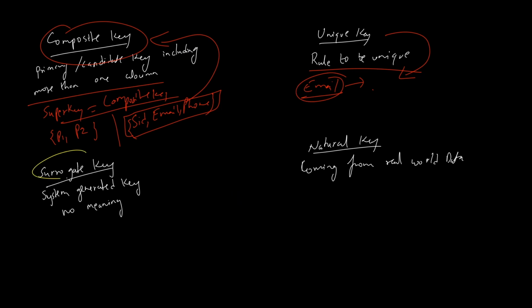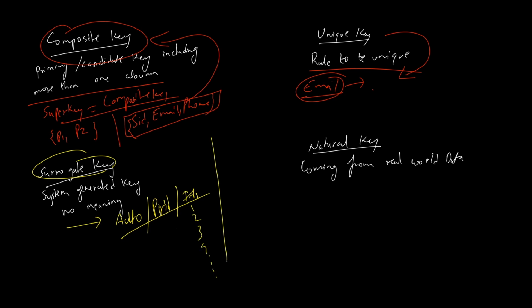Surrogate key. Surrogate key is anything system generated. There might be many times that you are auto incrementing keys, where the primary keys or IDs are being generated by itself, one, two, three, in that succession. Then that is a surrogate key. It's not something that you are making yourself, but the database is making for you.